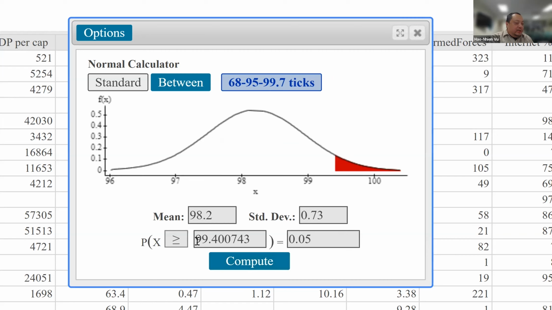And we click compute, it'll tell us that the answer is 99.4 degrees. So this spot right here is, here's 99, here's 100, this is 99.4, and the red area is 0.05.